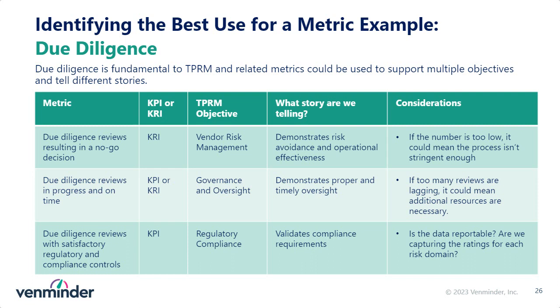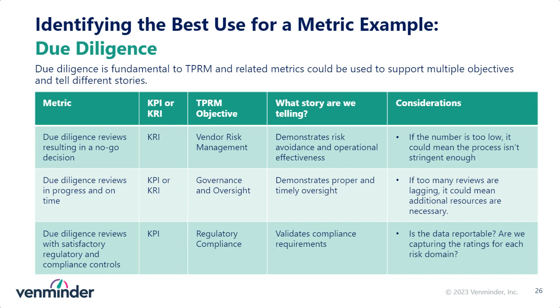This could be a KRI, and it could support that vendor risk objective. But the story we're trying to tell here is that we are demonstrating risk avoidance and operational effectiveness, right? Because if the number is too low, maybe our process isn't strict enough.